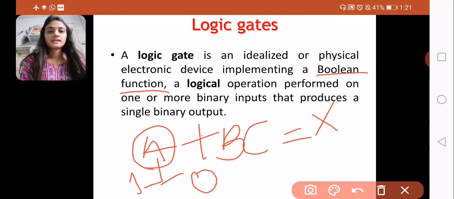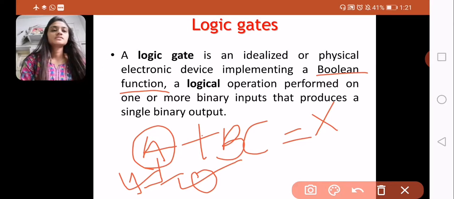So remember that in Boolean function, each variable can hold only two values, either 0 or 1. No other values are allowed. So this word is used with the digital logic circuits.